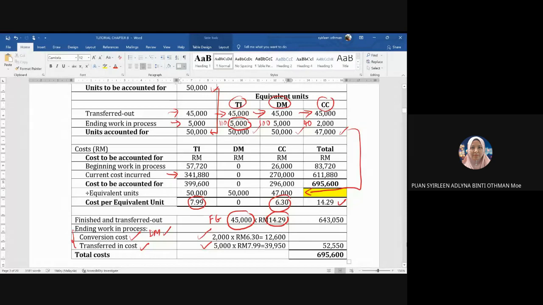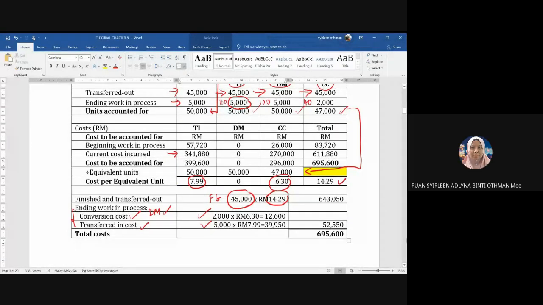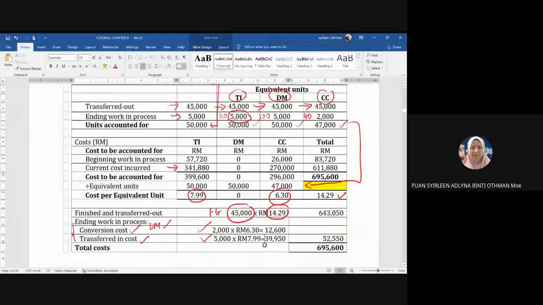Yes. Kalau yang direct material tu yang kosong-kosong tu, kalau letak dash, macam mana? Tak boleh dash. Kalau costing kita tak boleh dash. Costing dia mesti kosong ataupun ada nombor.